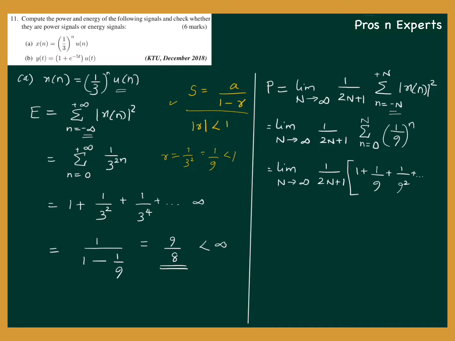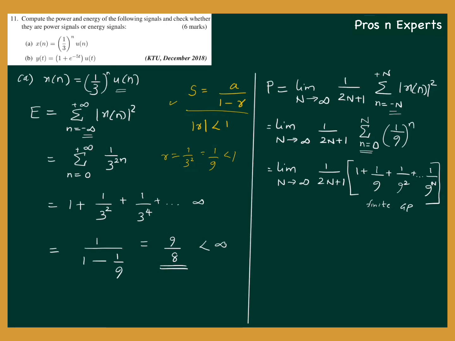Is it an infinite GP? No, this is not an infinite GP, because the summation is from n equal to 0 to n equal to plus capital N. So what is the last term? 1 by 9 raised to capital N. So this is a GP, but it is a finite GP.